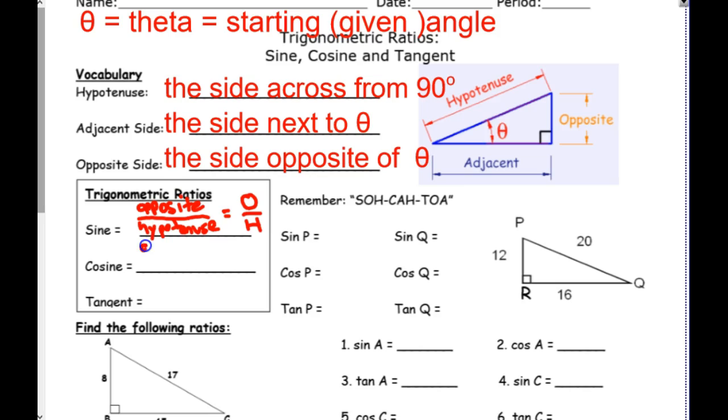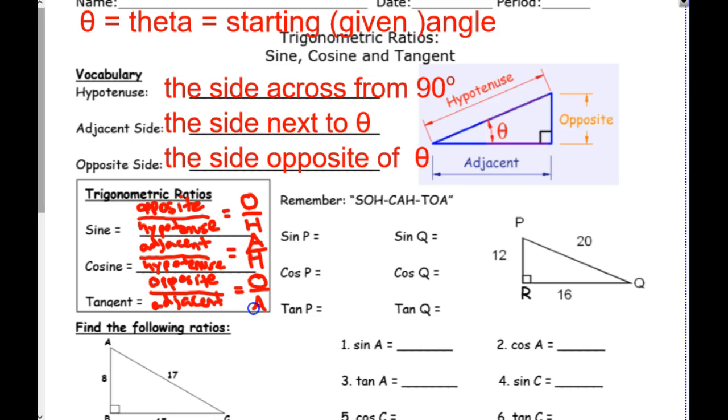Cosine is going to be adjacent over hypotenuse, or easier, A over H. And the last one, tangent, is opposite over adjacent, or O over A. If you just abbreviate OH, AH, OA, that's fine.